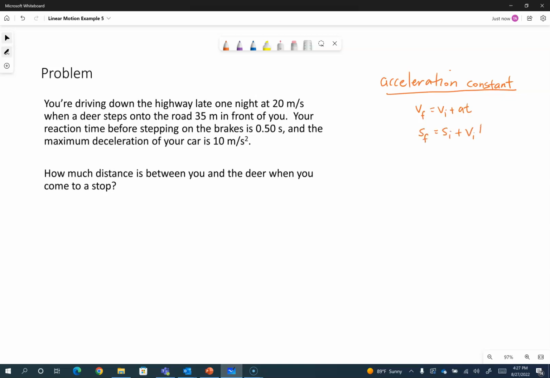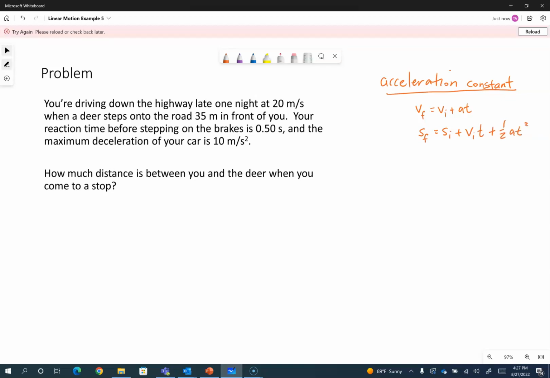So we do need to be careful. During the time before we actually react, that half a second, us in the car, we continue traveling at 20 meters per second. There is not an acceleration during that time. But of course, once we step on the brakes and slow down, we have an acceleration.